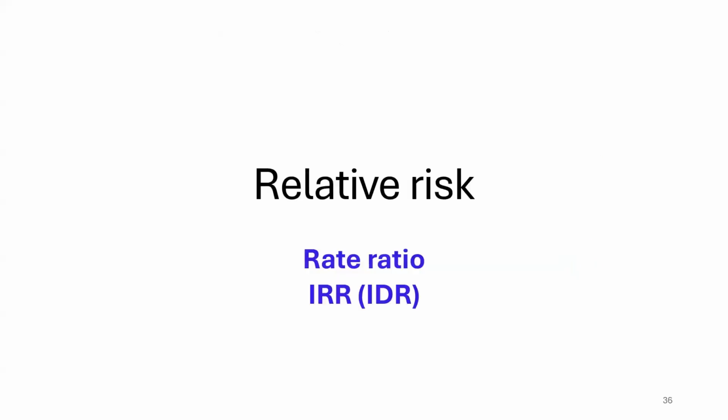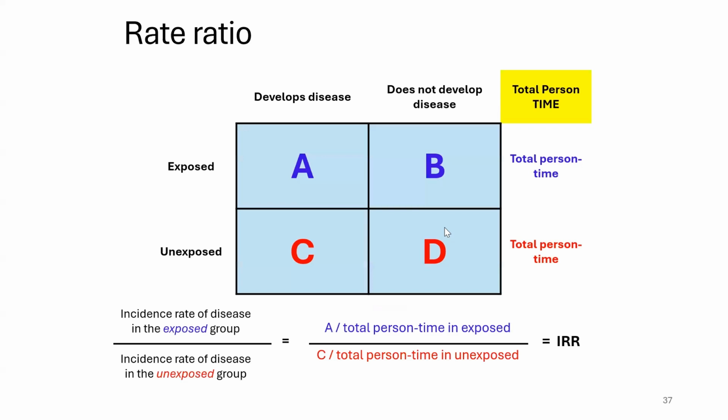Okay, so moving on to relative risk in terms of looking at rate ratios. Here it gets a little bit more complicated because we're working to consider time. So instead of your A and B cells equaling this total cell of all the people in the population, because remember, risk or cumulative incidence does not allow us to account for the amount of time that people contribute to a study.